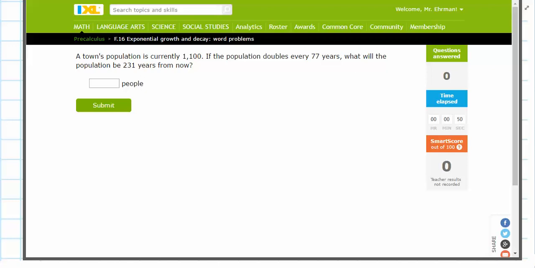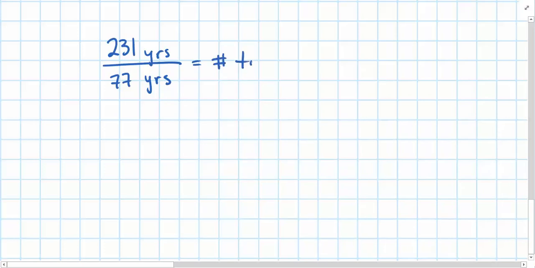We're told that a town's population is currently 1,100 people. If the population doubles every 77 years, what will the population be 231 years from now? Well, what's interesting is that if we look 231 years ahead and we know that the population doubled every 77 years, we could divide these two numbers, and this tells us how many times the population doubles.